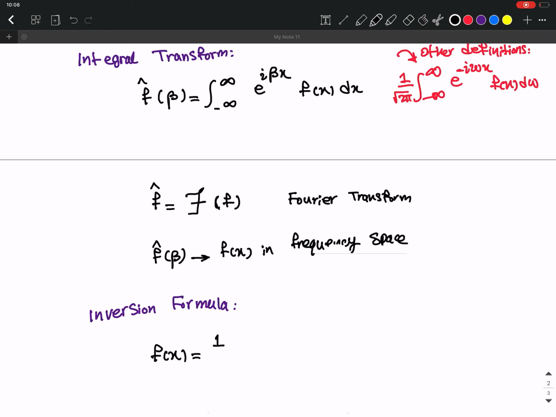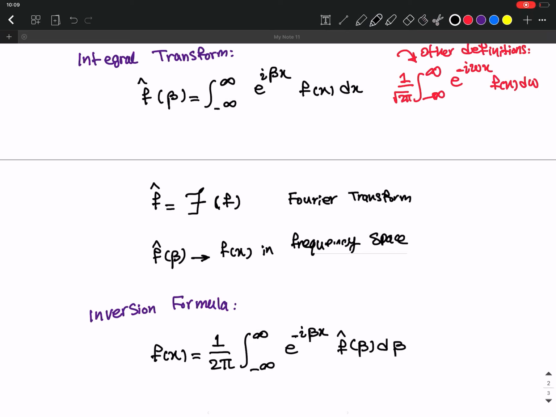So f(x) is 1 over 2 pi integral from minus infinity to infinity of e to the power minus i beta x f hat of beta d beta. Let me just check one thing. The beta. That is correct.